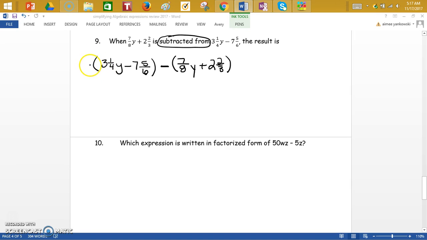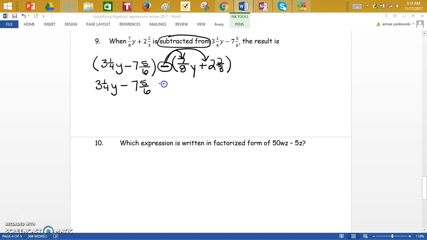So if I have a 1 in front of this set of parentheses and I distribute that through, I can just clear out those parentheses. 3 1/4 y minus 7 5/6. Now I have to distribute this minus through the second set of parentheses. That will change the sign of each term within.